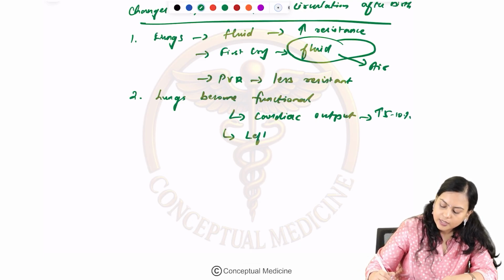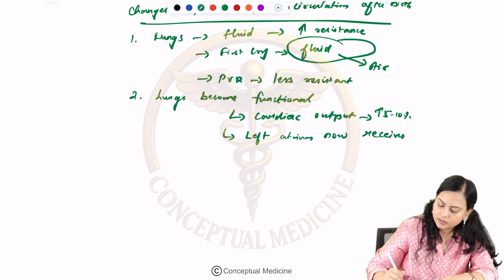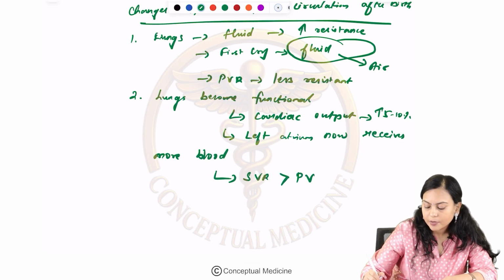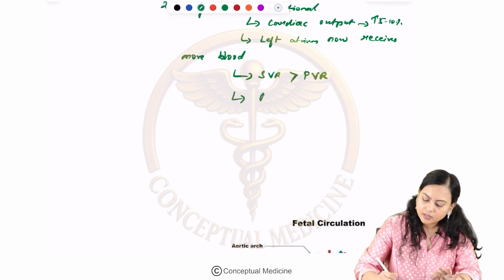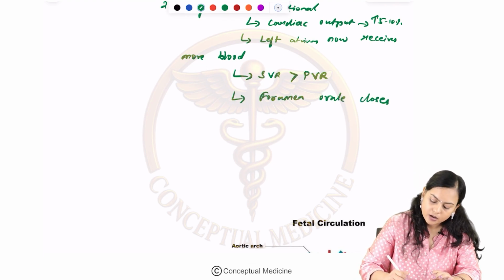So the left atrium now receives more blood, and hence the systemic vascular resistance is more than the pulmonary vascular resistance. Now, due to this resistance, what happens is the foramen ovale closes.